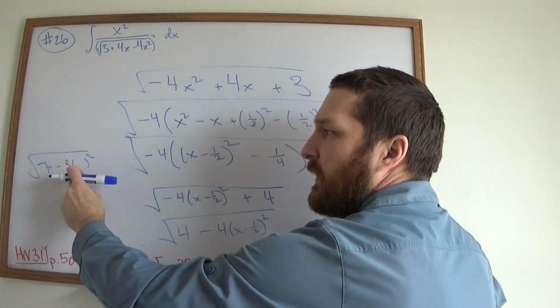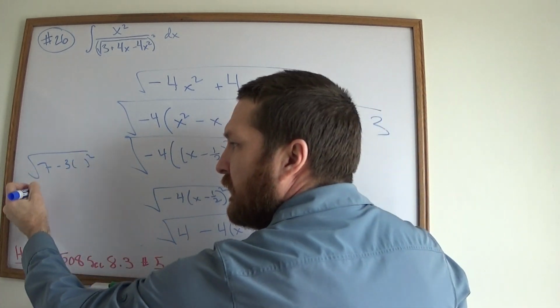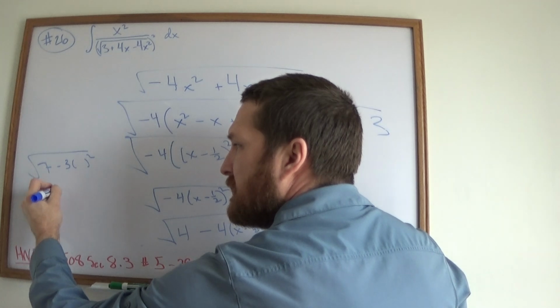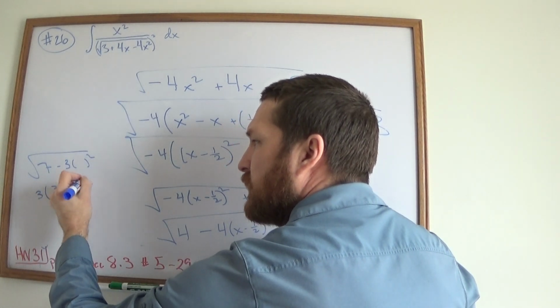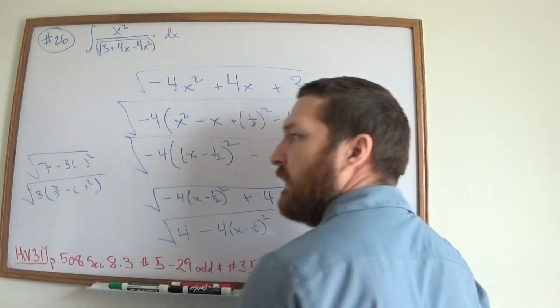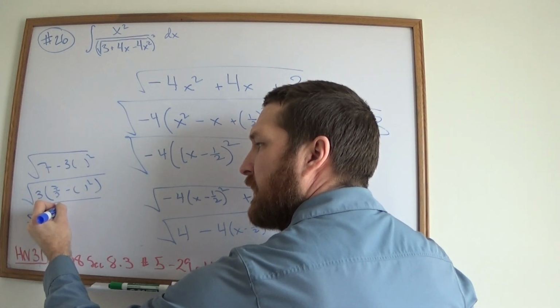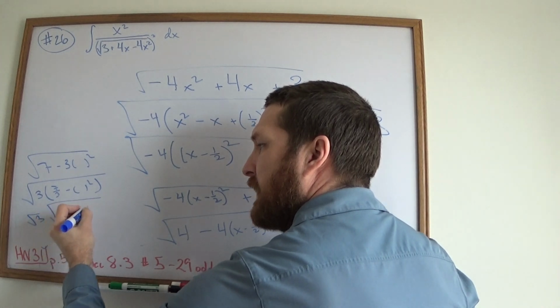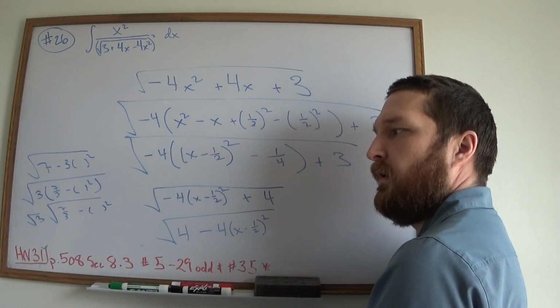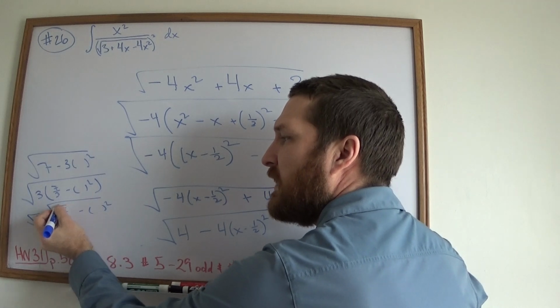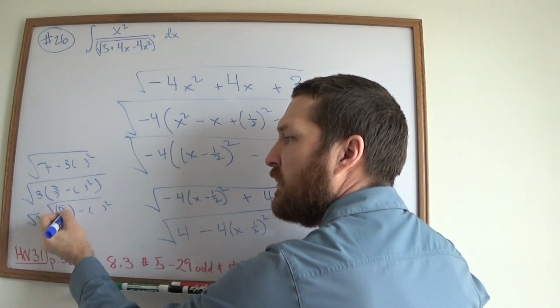I could, I don't know, pull out the 3 and say that's the same thing as 7/3 minus the thing squared. Like that. And then pull out that root 3. So that we have 7/3 minus whatever the thing is squared. And then we could say, oh, but that's the same thing as root that stuff squared.